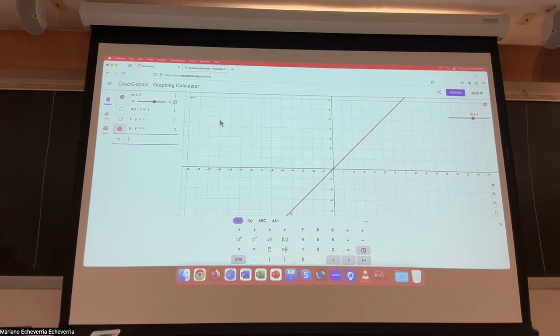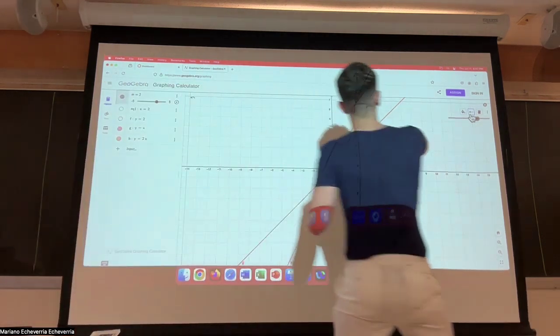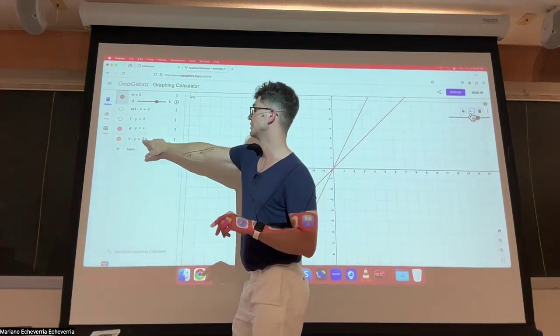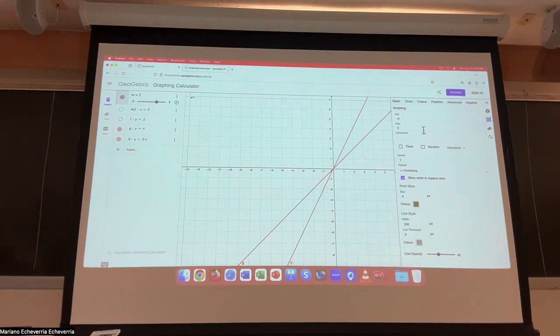I'll put y equals x here for reference purposes, and then I'll put y equals n times x. So here's y equals x, here's y equals 2x, and then I'll start increasing the value of this coefficient. So for example, let me increase.